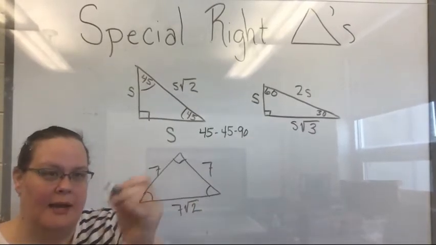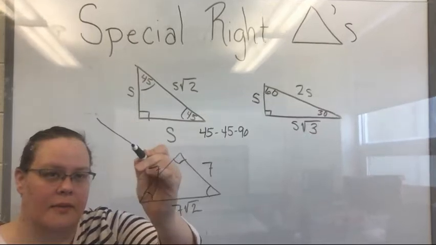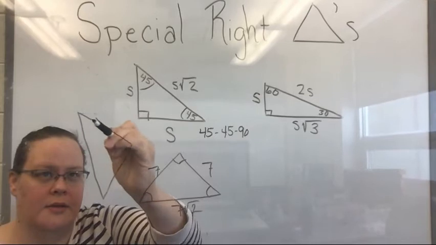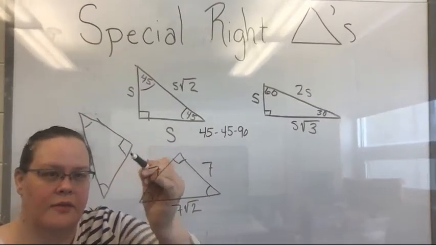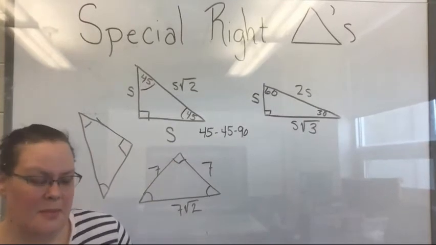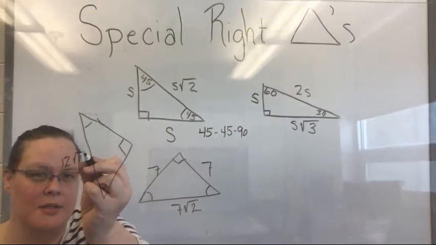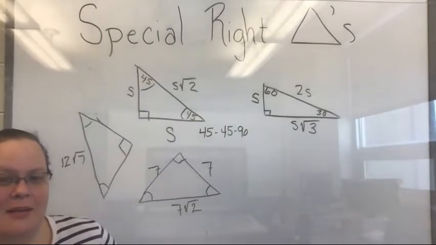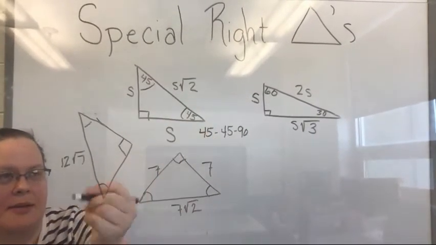Let's look at another one like this. What if we had a triangle, I'm going to draw my triangle right over in this space here, and we're told that it's 45, 45, 90. And maybe this time we know that this hypotenuse is 12 times the square root of 2. Pay careful attention to our properties up here, right?